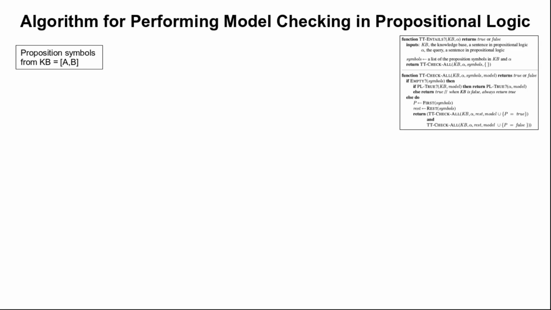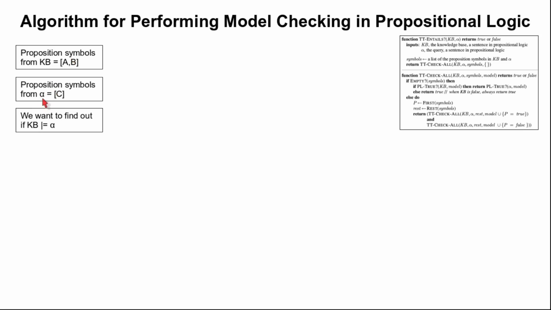So first let us say that we have a knowledge base where we have only 2 proposition symbols A and B, and we have this sentence alpha that we want to entail, and alpha has only 1 proposition symbol C. So we want to find out whether KB entails alpha or not.